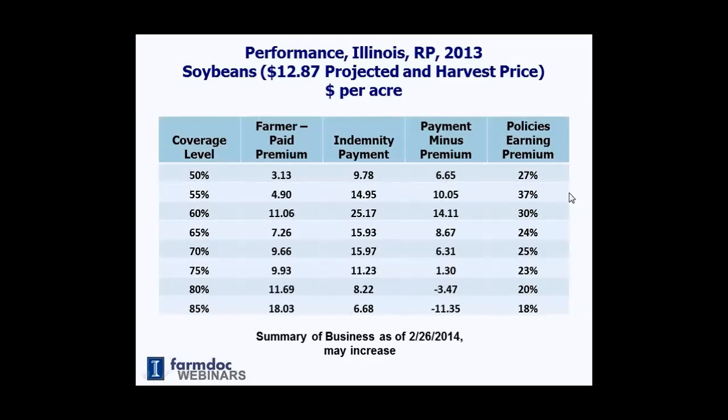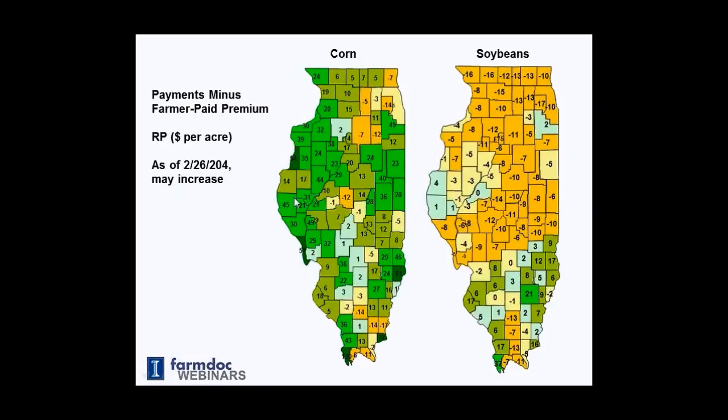Again, these two slides do illustrate the power of crop insurance in protecting against lower prices, particularly at higher coverage levels. There was a distribution of those payments across the state.